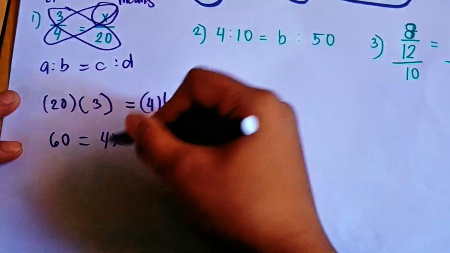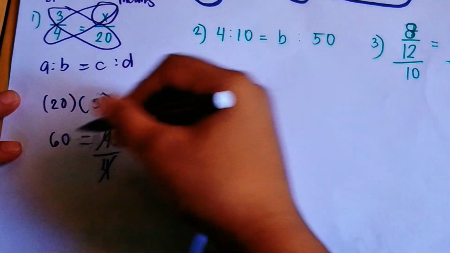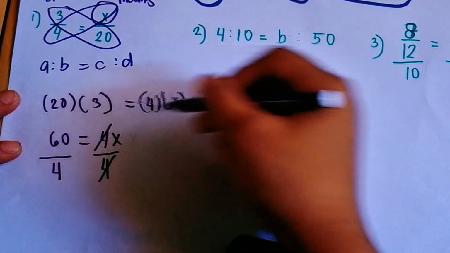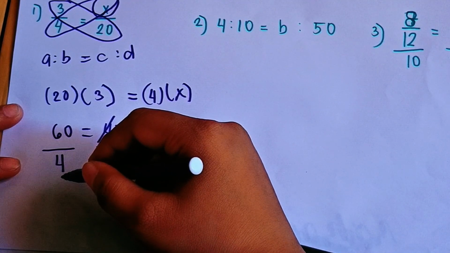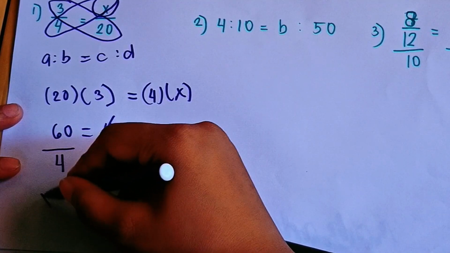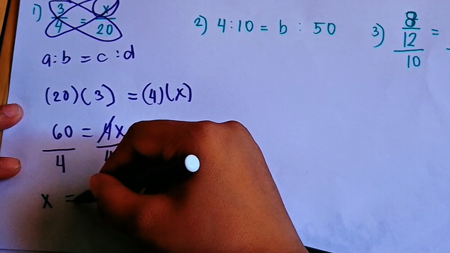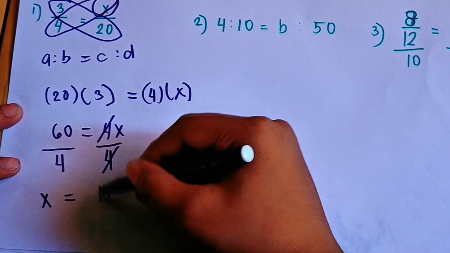To get the value of x, we need to divide by 4 to cancel the 4. Divide by 4. And 60 divided by 4 is 15. Meaning to say our x value is 15.